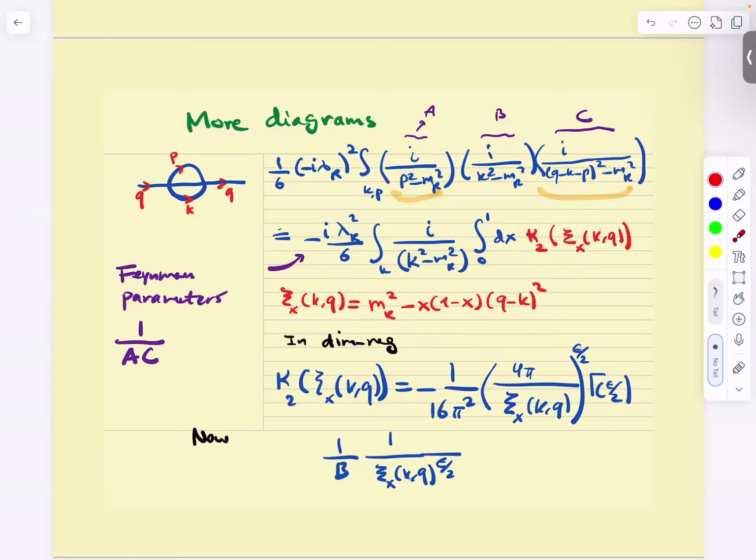The result becomes the following. You can do the integral over P, once you shift the momenta, and it becomes this, an integral over K. This is 1 over B, right? That's the part that we haven't done. Integral over x from 0 to 1 of K2 of C of x, KQ. Remember the structures that we had at the end of the day.